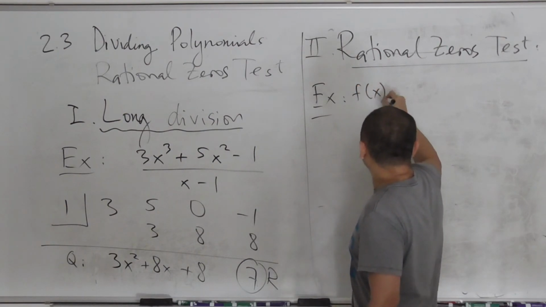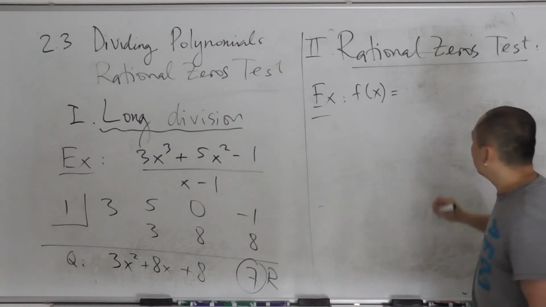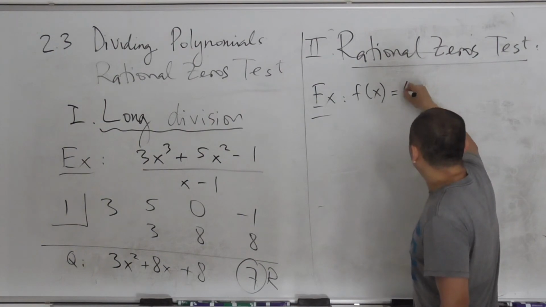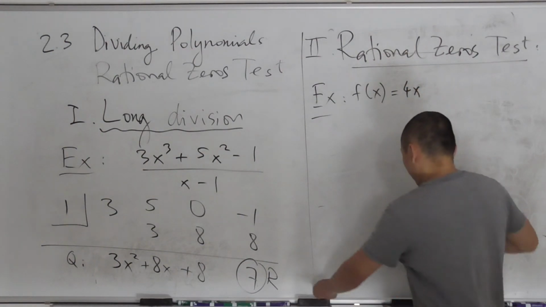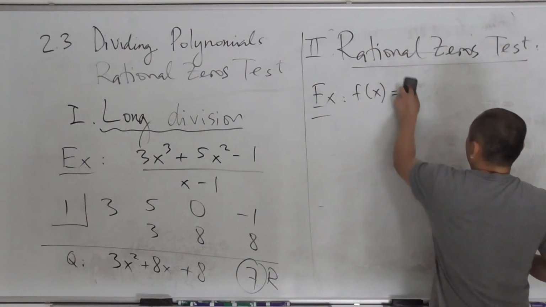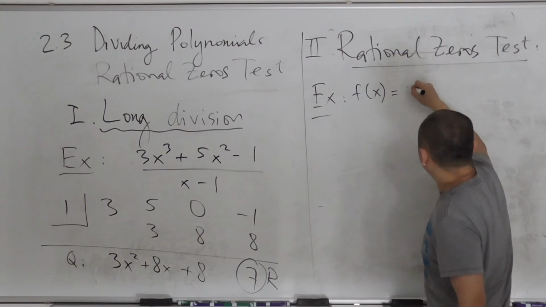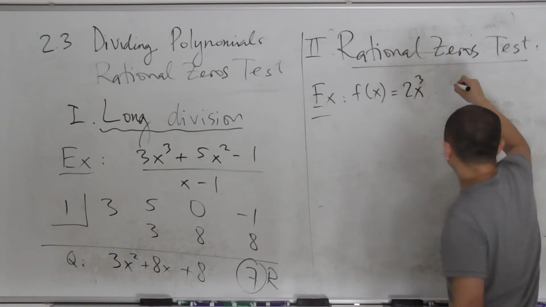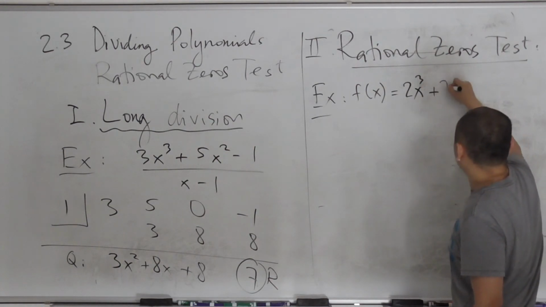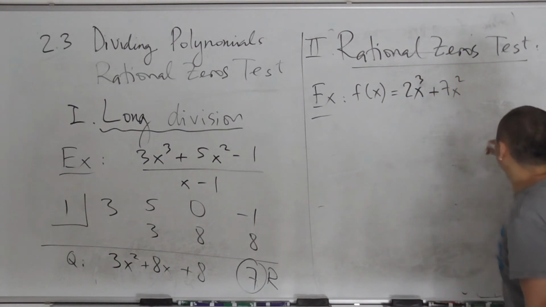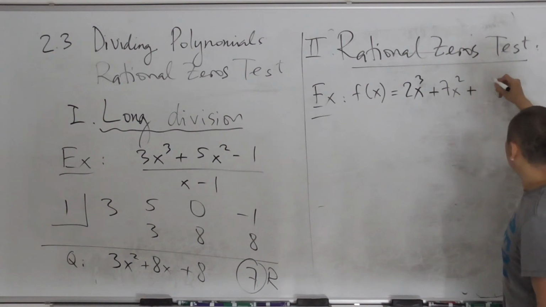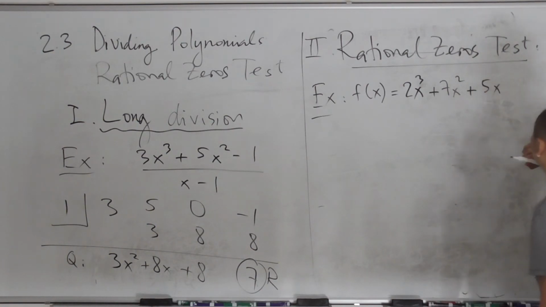All right, let's start with an example. f(x) is equal to, say, make it an easy number. How about 2x cubed plus 7x squared plus 5x.